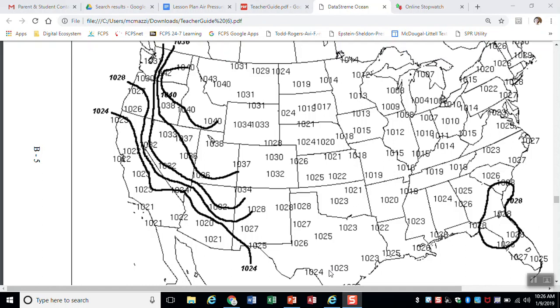The isobaric patterns across the western quarter of the U.S. and covering parts of Florida, Georgia, and South Carolina have already been drawn. So question number 7 basically is asking you to figure out what is the highest air pressure that you can see on the map, and therefore what is the highest isobar line that needs to be drawn, knowing that you're doing it in intervals of 4.